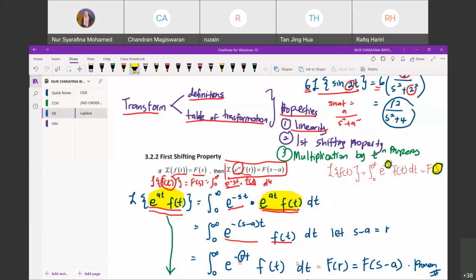Now e to the minus rt f(t), you get F(r). And you know r is s minus a, so that's why F(s minus a). That's why when you transform e to the at f(t), the transformation becomes F(s minus a). Is that clear?